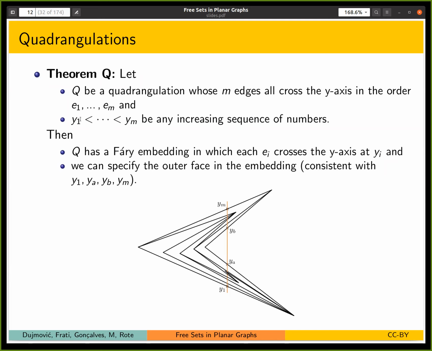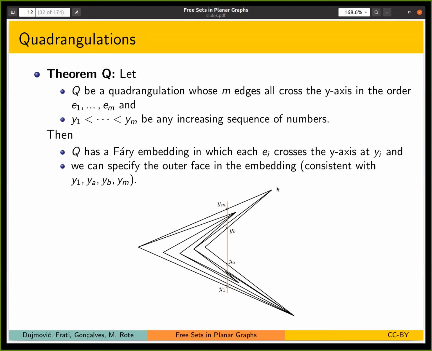And you also give me a sequence of y coordinates, and you say, I would like edge number 1 to cross the y-axis at y coordinate 1, edge number 2 to cross at y coordinate 2, and so on for all of the edges in this graph. And you do a little more than that for technical reasons.